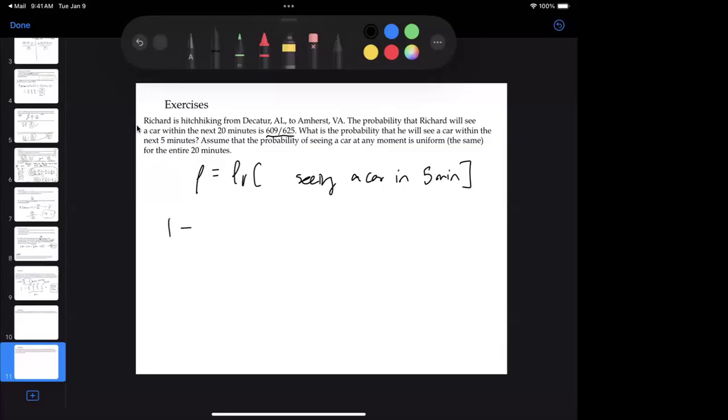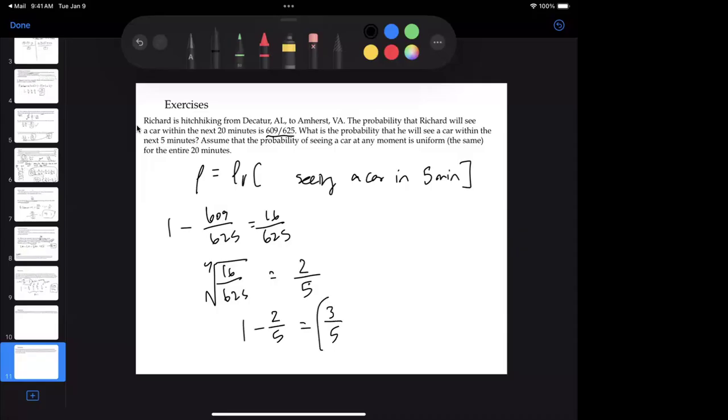Then I take the fourth root of this to find what it would be if he didn't see a car in 5 minutes. So that's 2 over 5. Then I take 1 and subtract 2 over 5. So the probability he does see a car within the next 5 minutes is 3/5. Great, perfect. That is correct.